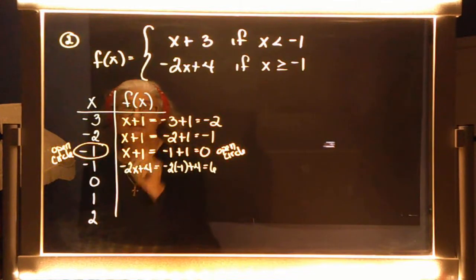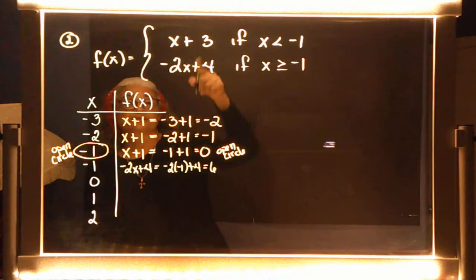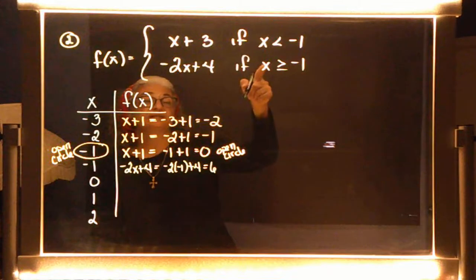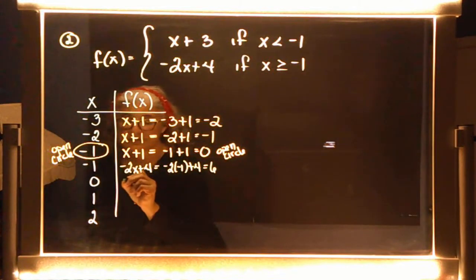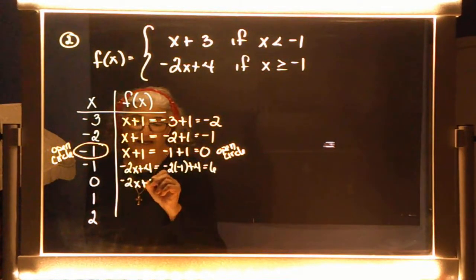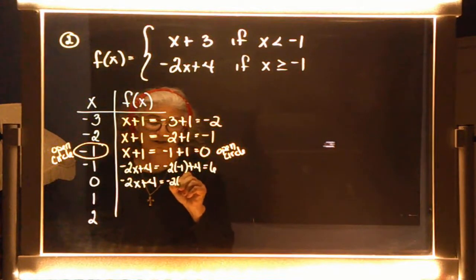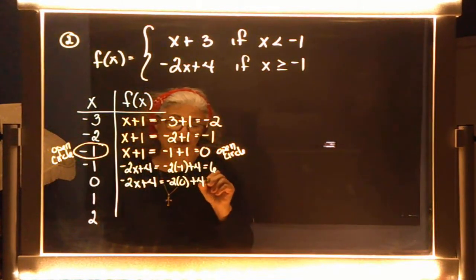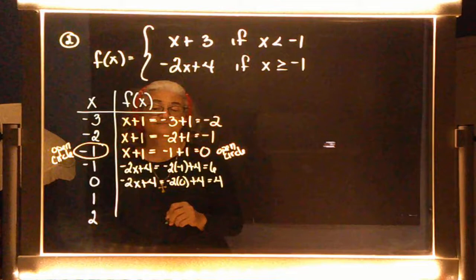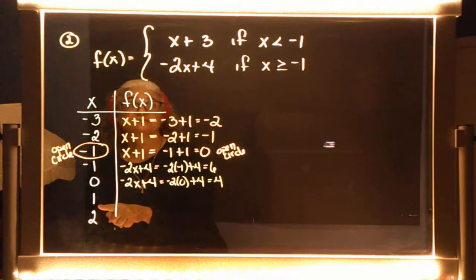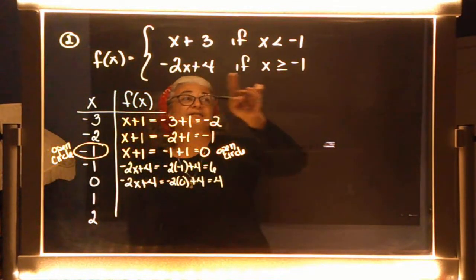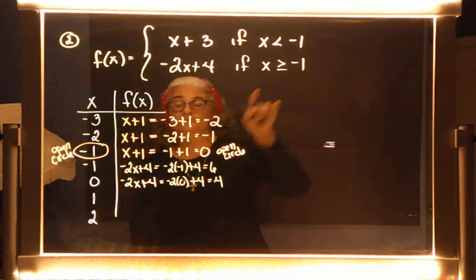And then I can plug in the 0 to which piece, first or second? Good, second piece, because 0 is greater than negative 1. And when you plug it in, what do you get? Good, 4. Next, positive 1 goes into the second piece because positive 1 is greater than negative 1.